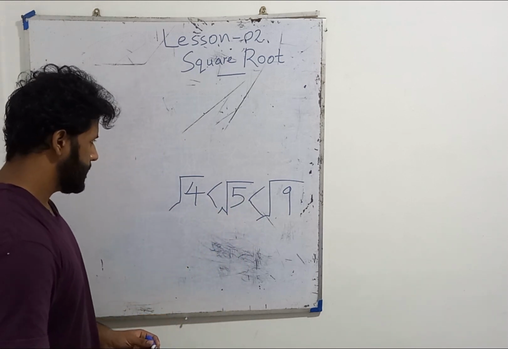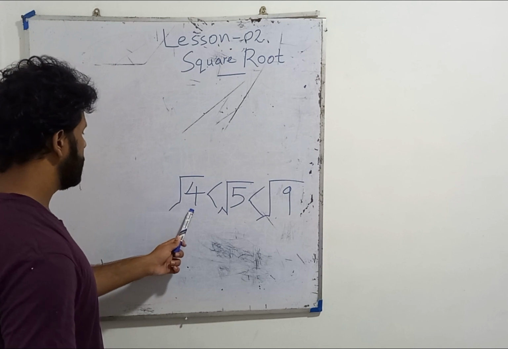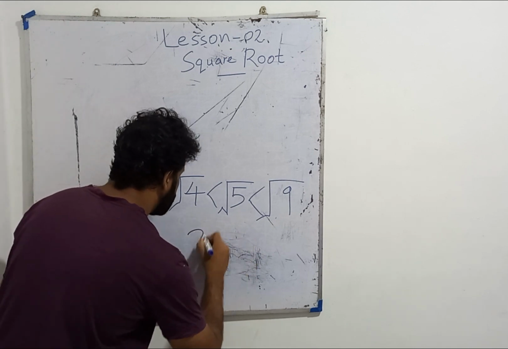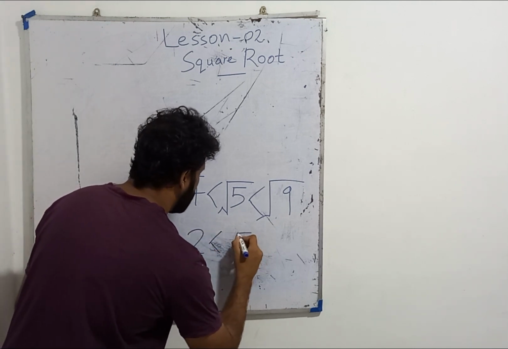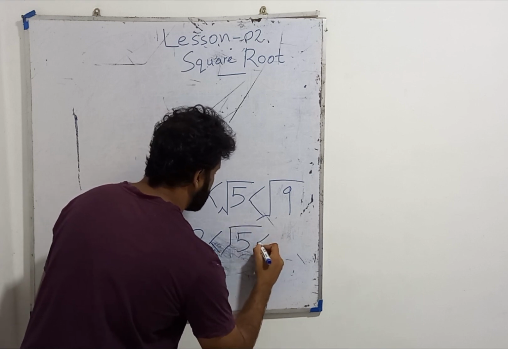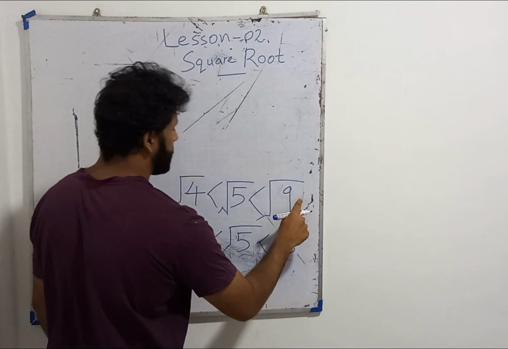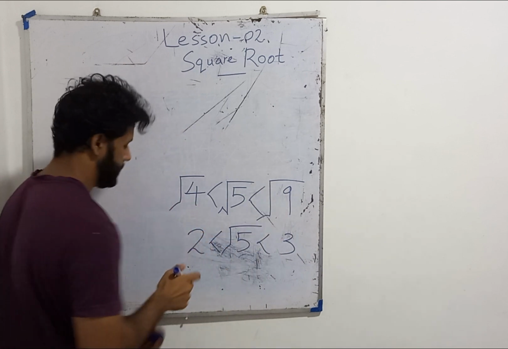Then square root of 4 is going to be 2, square root of 5, square root of 9 is 3.